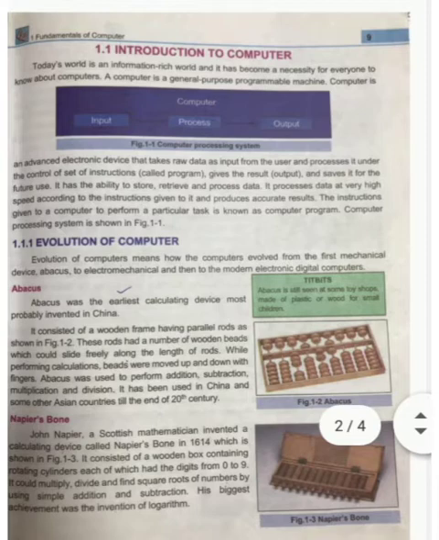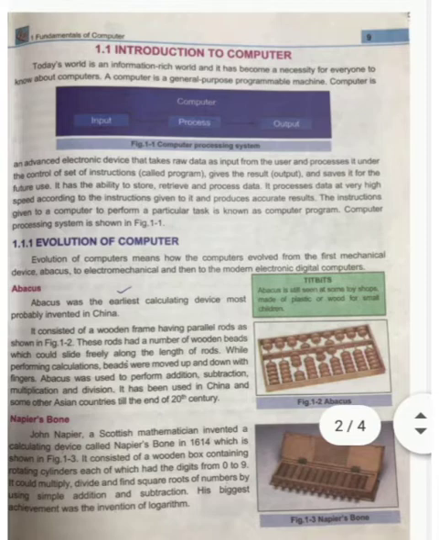Napier was a Scottish mathematician who invented a calculating device called Napier's bones. It basically consists of a wooden box containing rotating cylinders having the digits 0 to 9. It also solves operations like multiply and divide.